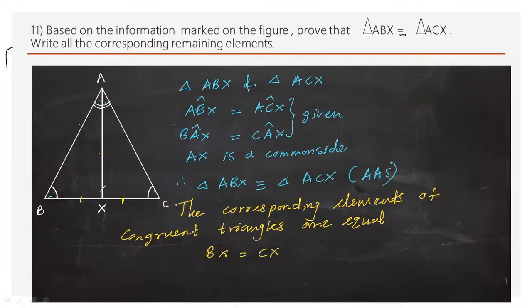Then if you take this angle, this opposite, these two sides are equal. AB equal AC. Then this angle and this angle, AXB equals AXC. These are the corresponding elements of congruent triangles.